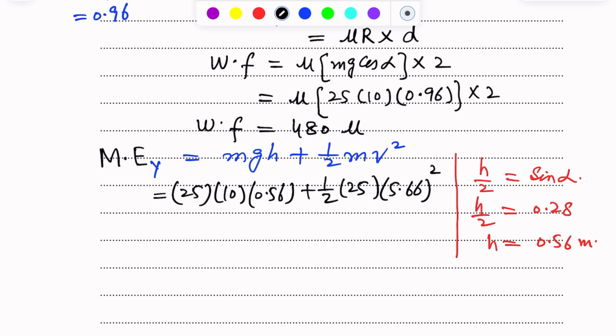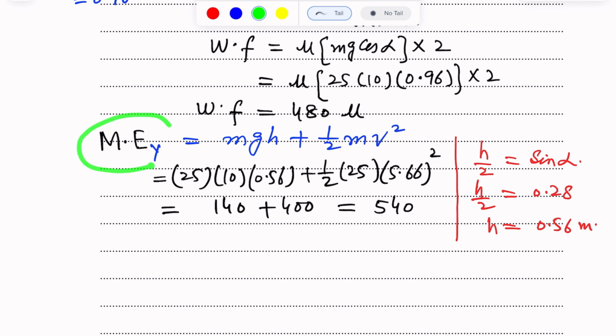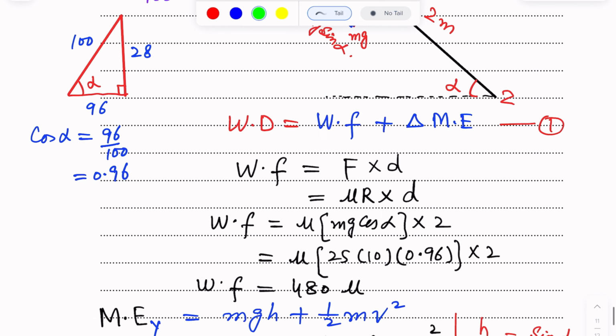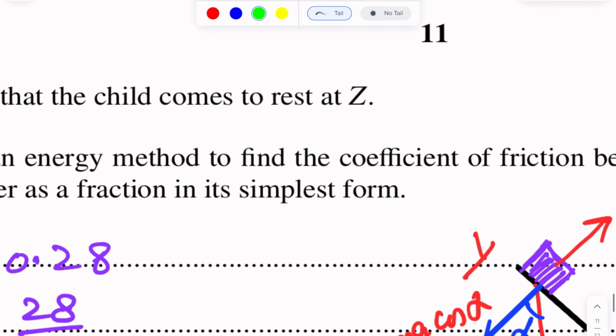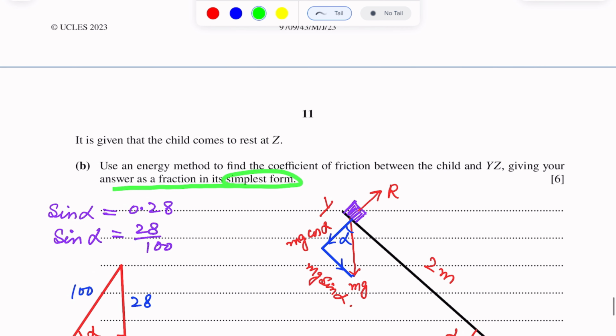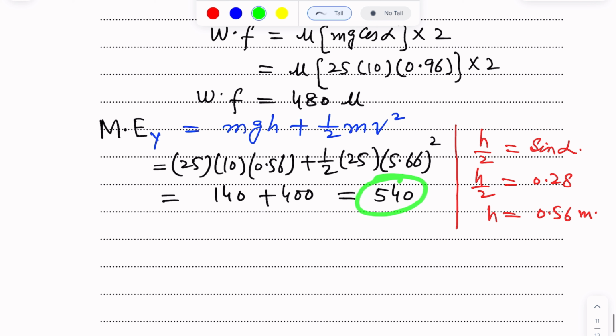Now simplifying it, we get 140 plus 400, that is 540. The mechanical energy at Y is 540 joules. We are taking this as a rounded figure because we have to give the answer as a fraction in its simplest form. So this is a rounded figure, 540.